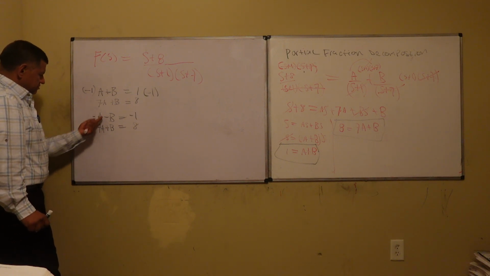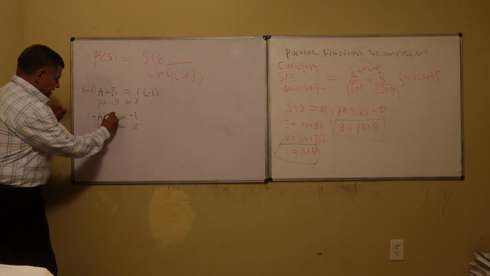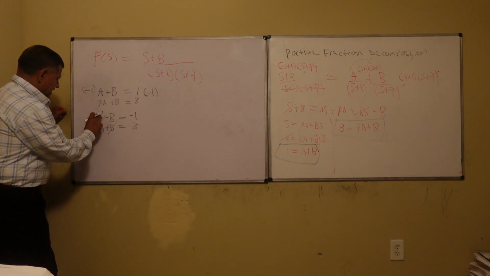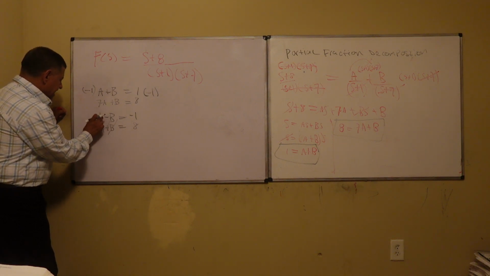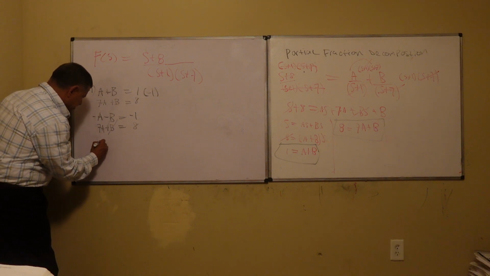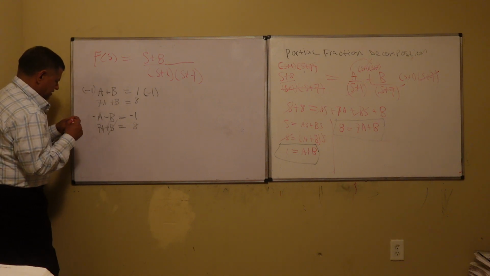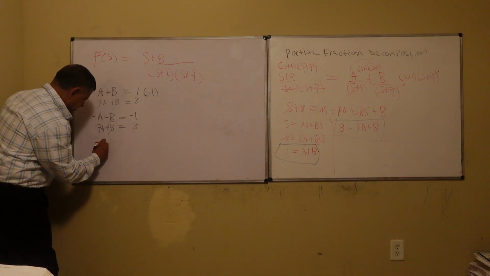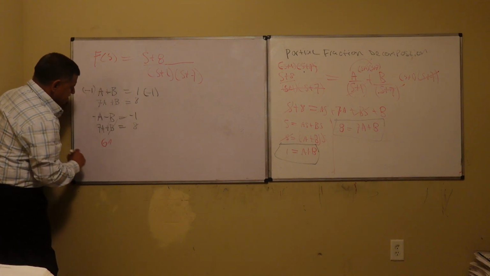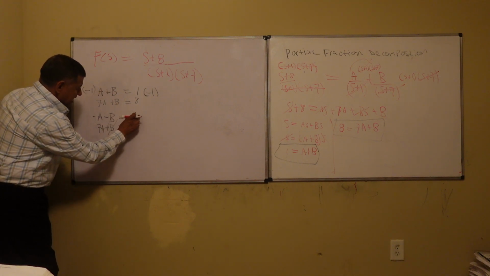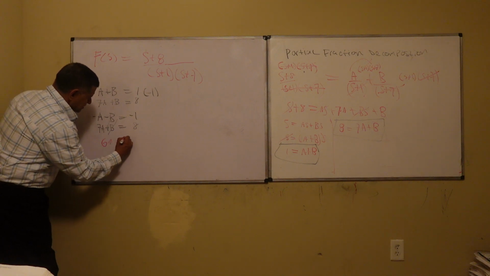Now let's cancel those guys out and add these two. So 8 plus 7a is equal to 6a, and then that is equal to 7.